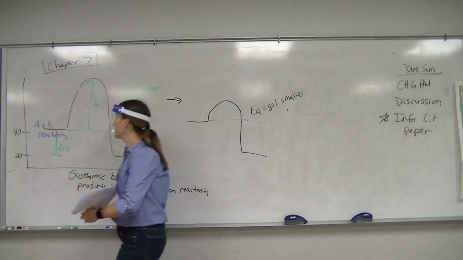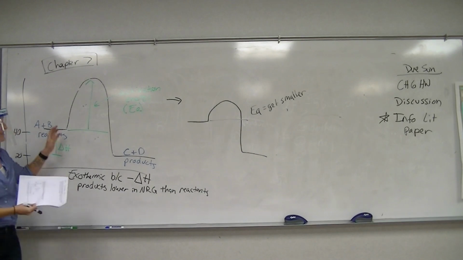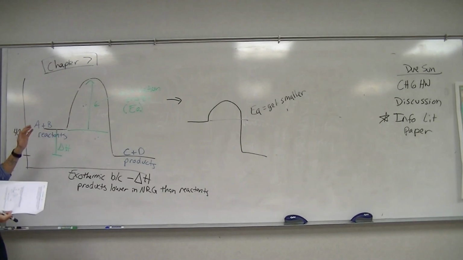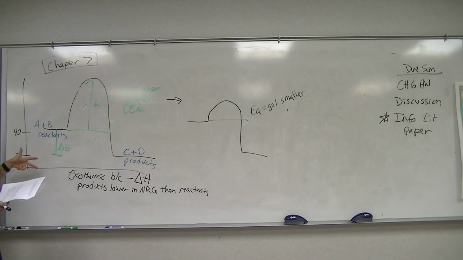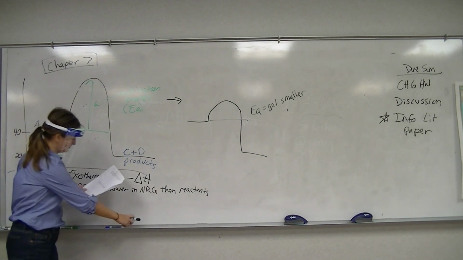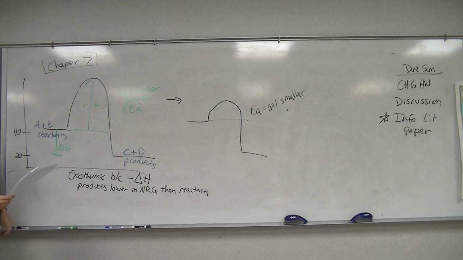So catalysts only affect the activation energy, the speed of the reaction, because they're trying to get the reaction to go faster. So when it says, what effect would a catalyst have on enthalpy? Remember, enthalpy is here. A catalyst affects the speed of the reaction.